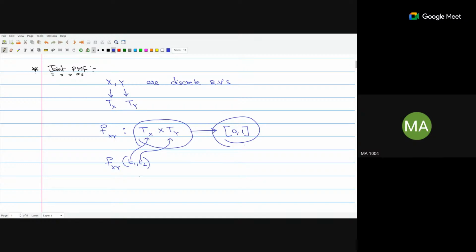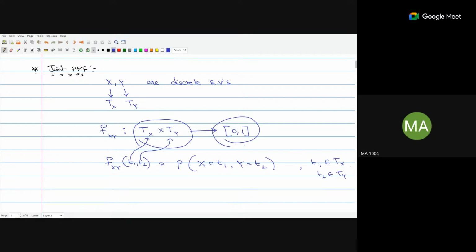The output is the probability that x takes value t1 and at the same time y takes value t2. It is the collective probability we are looking at: the probability that x equals t1 at the same time y equals t2. This holds for all t1 belonging to Tx and t2 belonging to Ty. So this is the joint PMF.